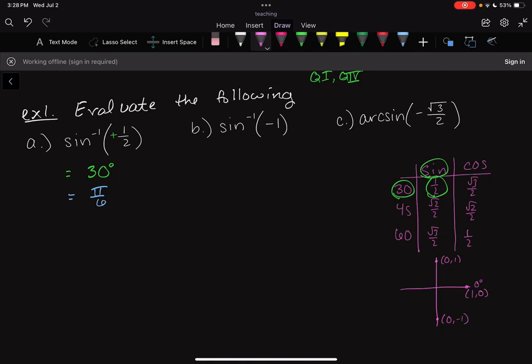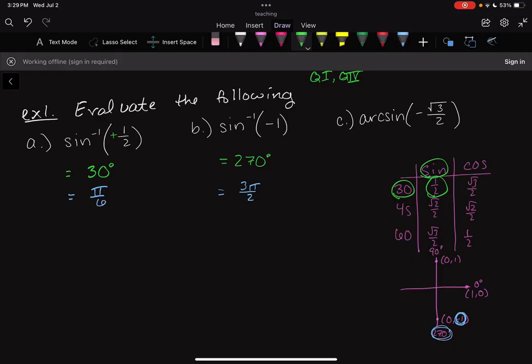This is 0 degrees, 90 degrees, 270 degrees. And so we're looking for where sine is -1. Remember that sine is the y value, so that's happening down here at 270 degrees. So we would say equals 270 degrees. In radians, that would be 3 pi/2.